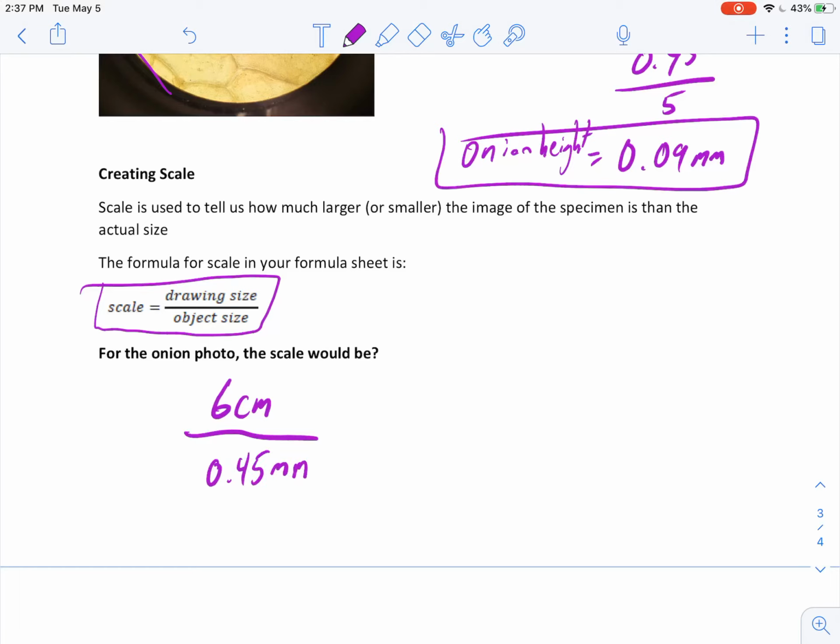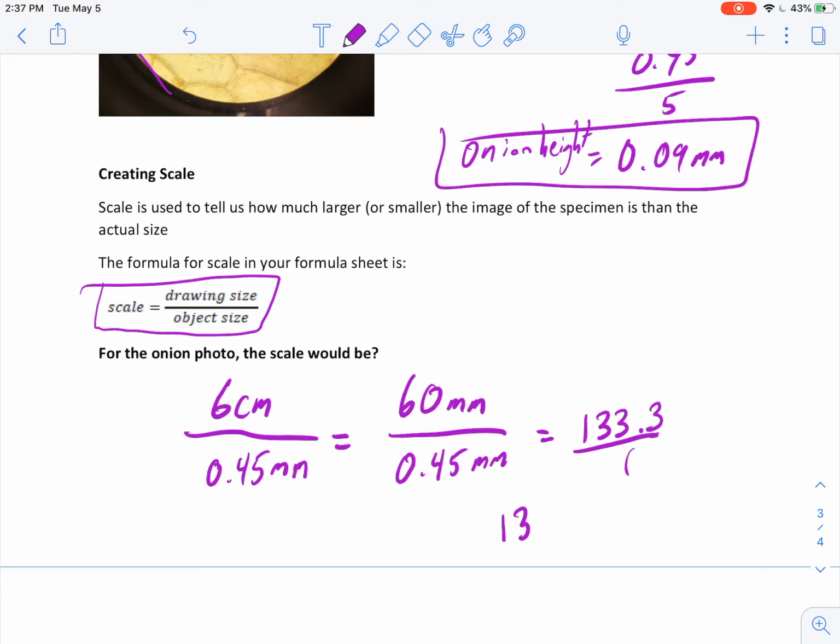Notice how they're in the wrong units? I have to convert centimeters into millimeters. So this is 60 millimeters over 0.45 millimeters. And I end up with 60 divided by 0.45, which is 133.3 divided by 1, or 133 to 1 is my scale.